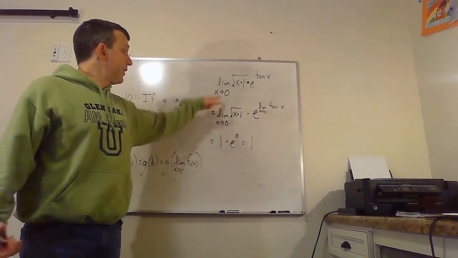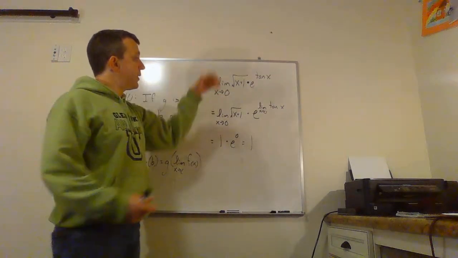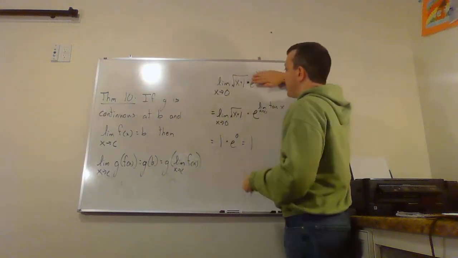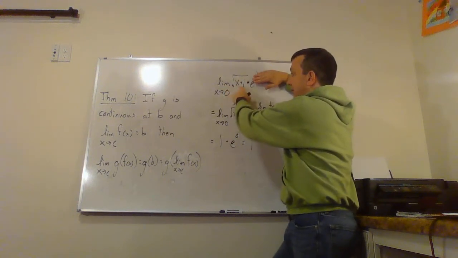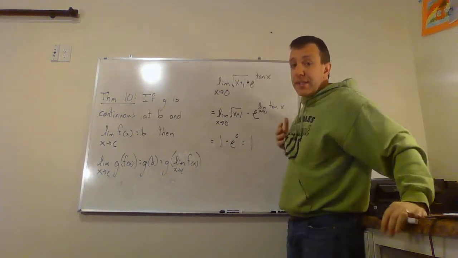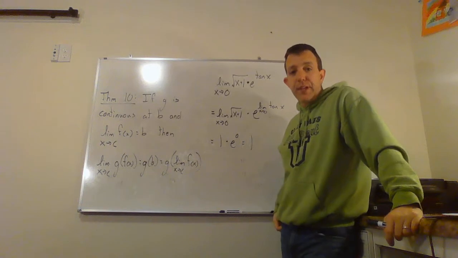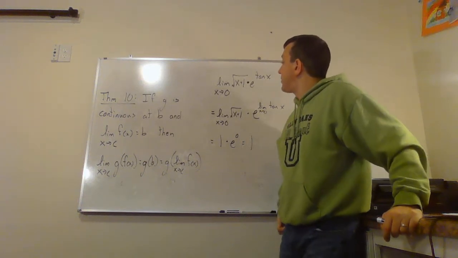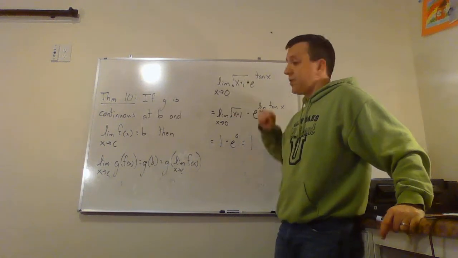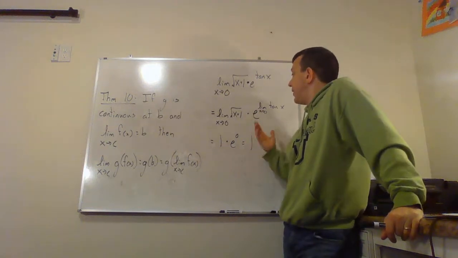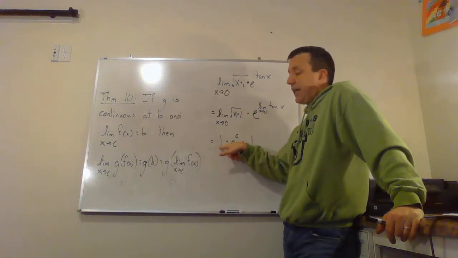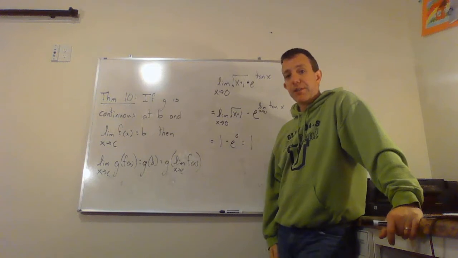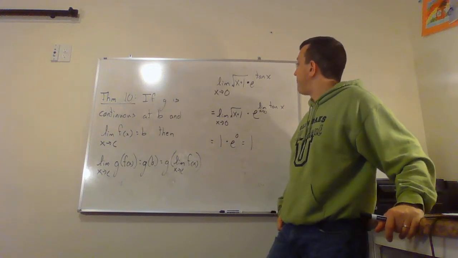Basically, we just have to plug in 0, right? Because if we ignore this e to the tangent x, we know that for the square root function, the limit exists everywhere that the function is defined. And so we can plug in 0 here just fine. It's not a big deal. And if you follow it down, that turns into a 1. You just plug in the 0 and hey, we're happy.